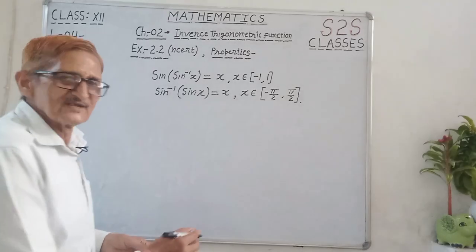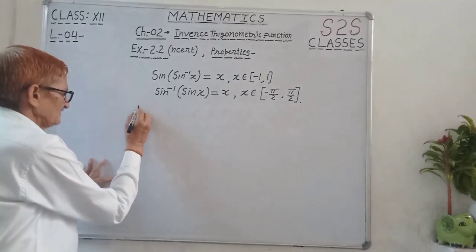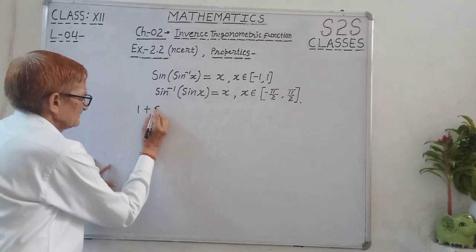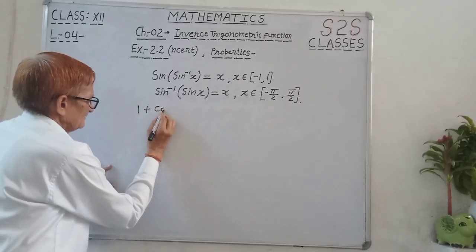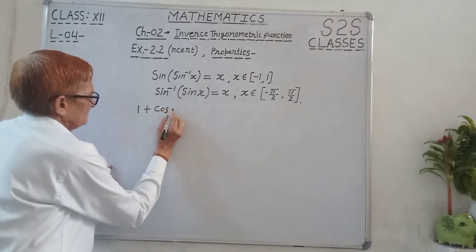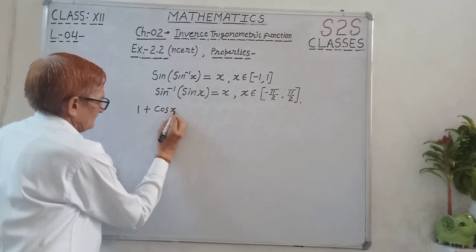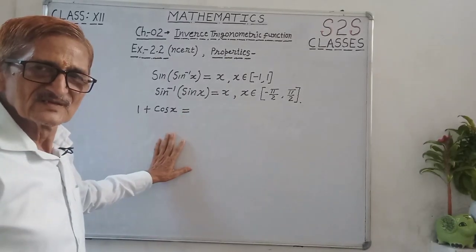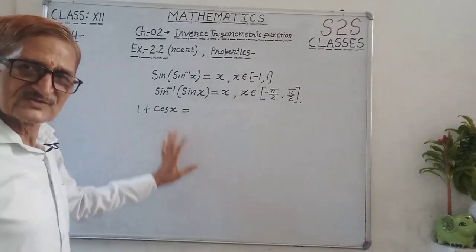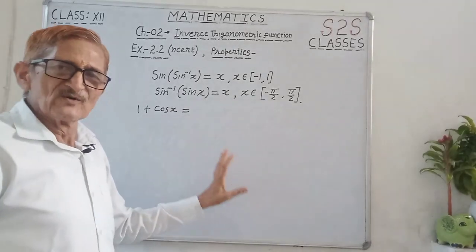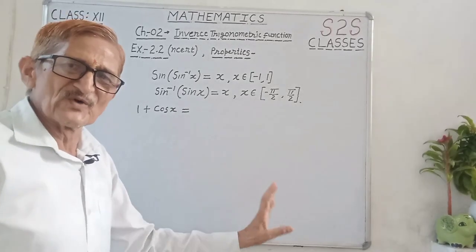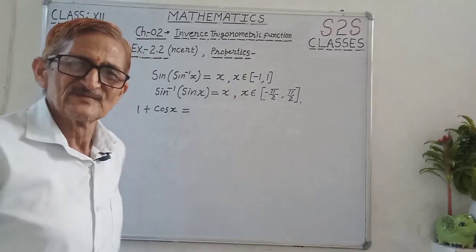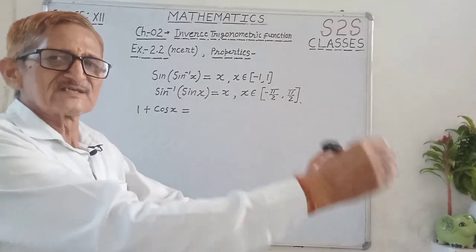Now some formulas I want to tell. 1 plus cos x is taken from the cos 2x formula in +1. Cos 2x is equal to 2 cos square x minus 1.